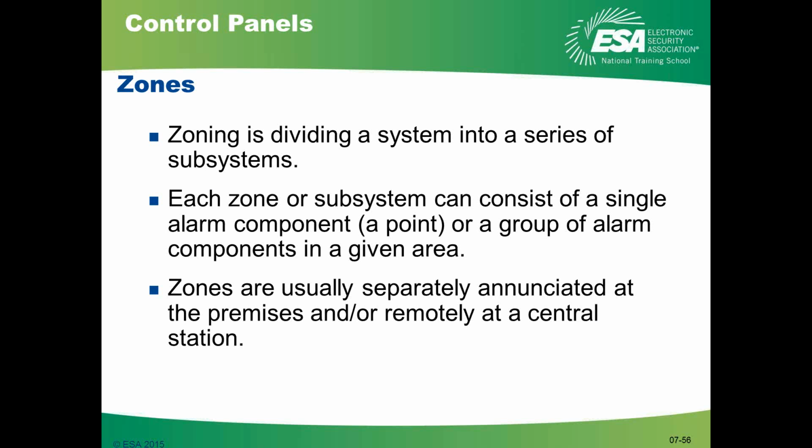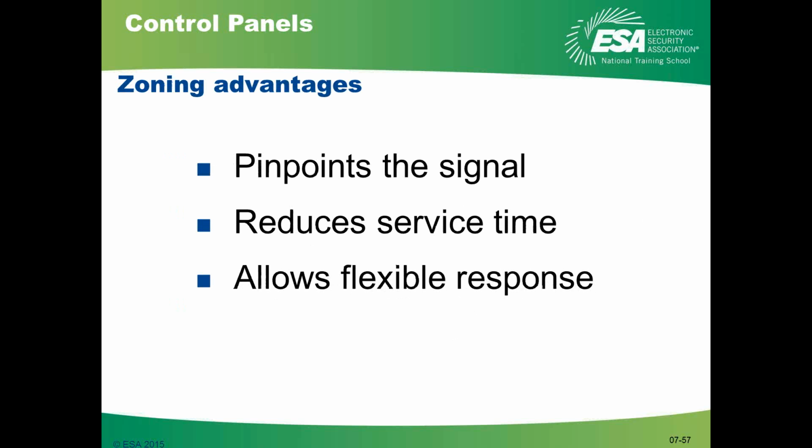We talk about zoning, the importance of zoning, the advantages of zoning. One of the things I point out today when it talks about reduces service time: a number of years ago, product was more expensive than labor.